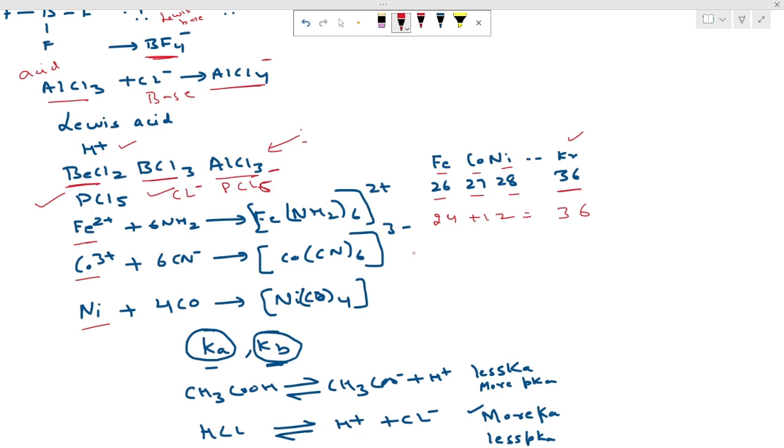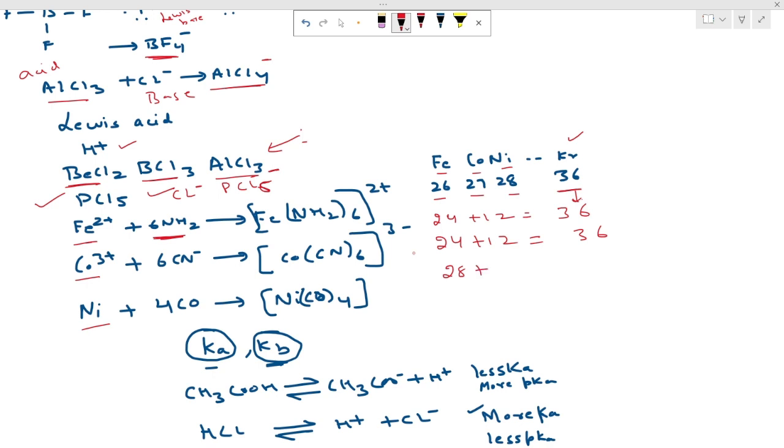So it can take lone pairs from 6 ammonia molecules to form the coordinate compound Fe(NH3)6 2 plus, so the charge will be 2 plus. Similarly cobalt 3 plus again has 24 electrons, and it can take 6 electron pairs to have the configuration of krypton. Nickel has 28, so how much does it require to have 36?